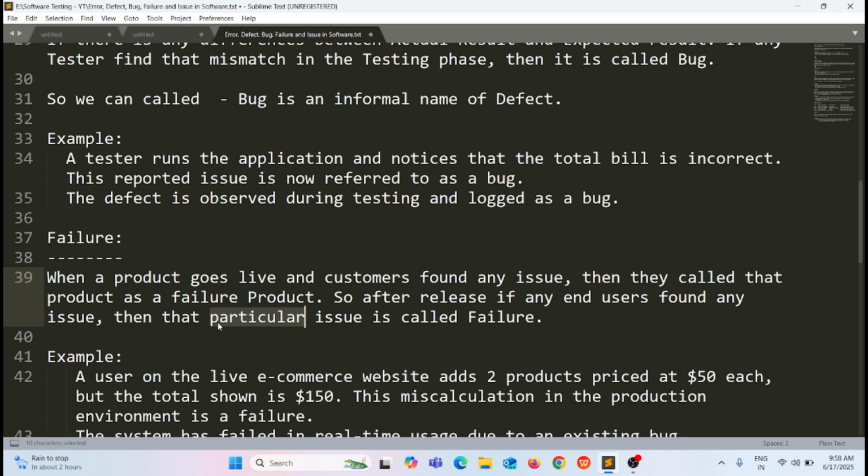That particular issue is called a failure. The customer says that this total product is a failure product.